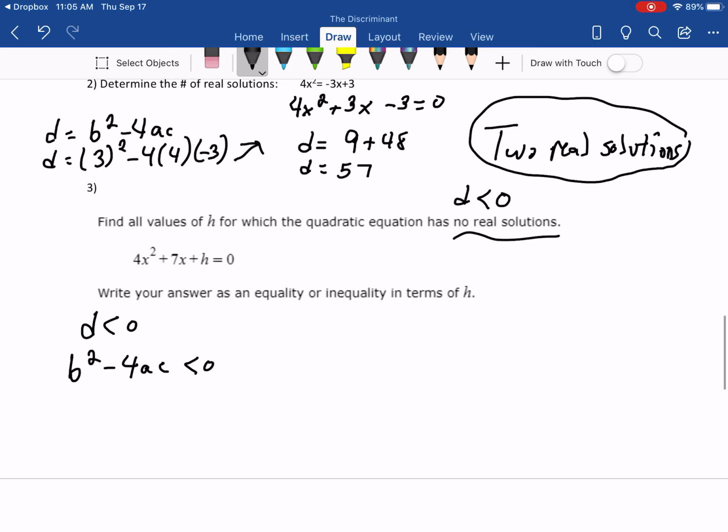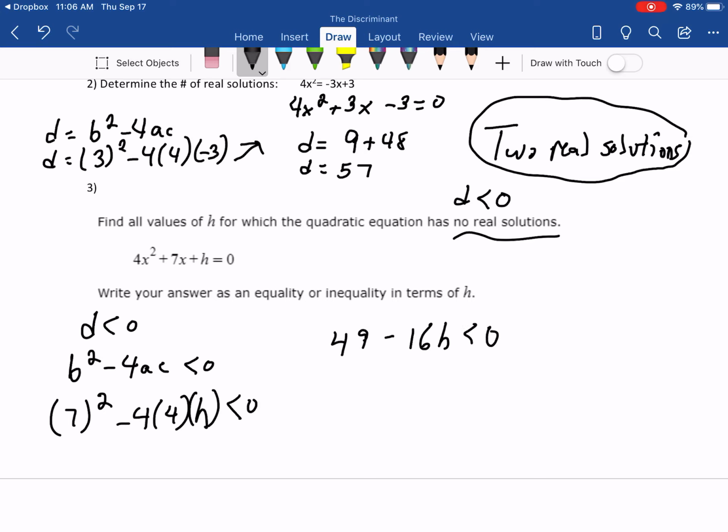Okay, so b here is 7 minus 4 times 4. We don't know the value of c. Instead of c, we have an h, so we'll just substitute an h. Okay, simplify. 49 minus 16h less than 0. Okay, so now we have this inequality to solve.